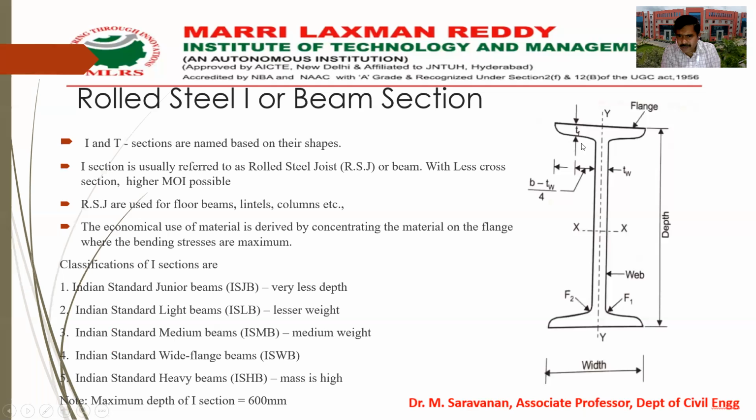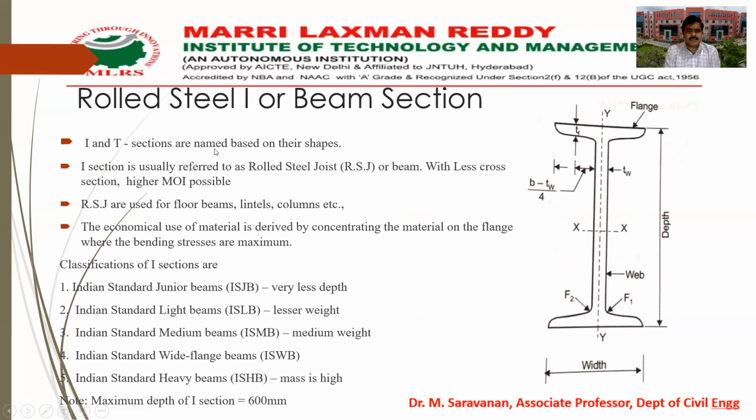The thickness of the flange is denoted as t suffix f, thickness of the web as t suffix w, breadth or width of the flange as b suffix f, and this is the depth of the I section.